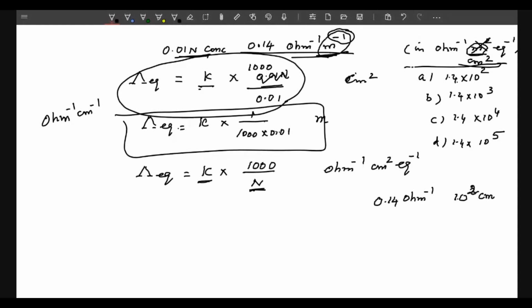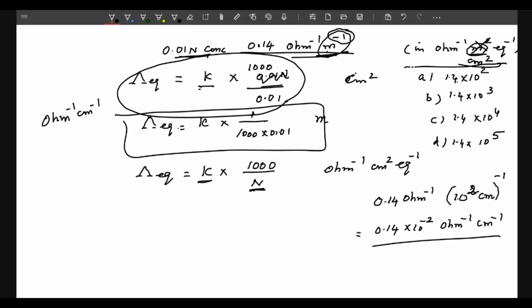Now put the minus power. Now you will get the value 1.4 into 10 power minus 3 per ohm per centimeter. Thus, you have to convert this per meter into per centimeter.